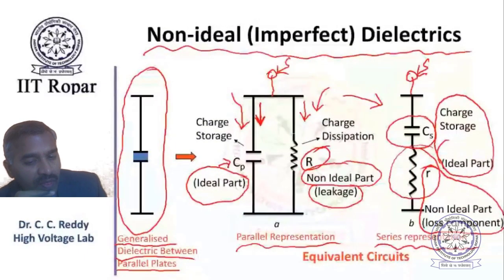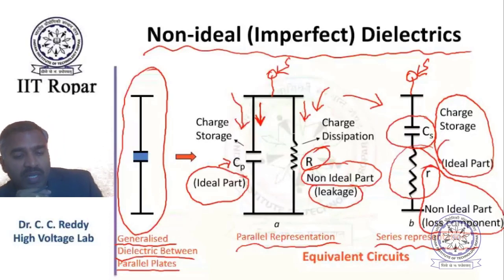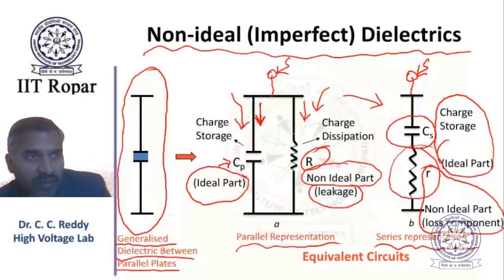Now here, which is more appropriate for AC, which is more appropriate for DC, if we think physically? If you see the first one, the parallel representation is more close to the DC case, because in case of AC, the losses occur due to alignment and de-alignment of these dipoles.